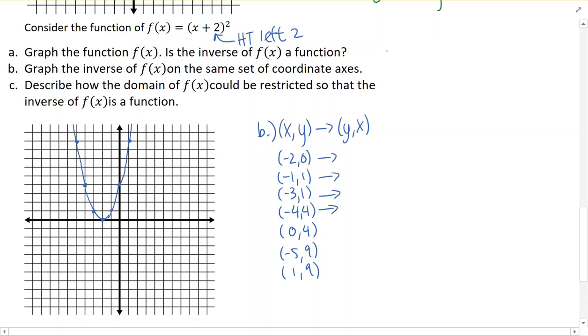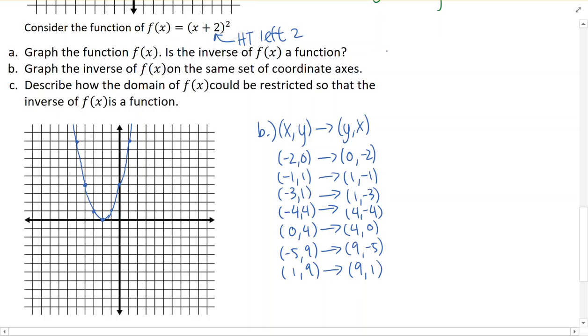To find our inverse, I'm just going to flip those two numbers around. Oh, starting to get off alignment here. Okay, back on track. And finally 9, 1.